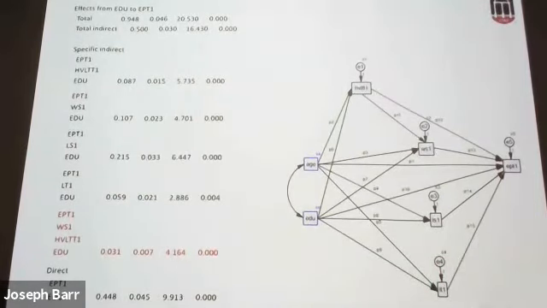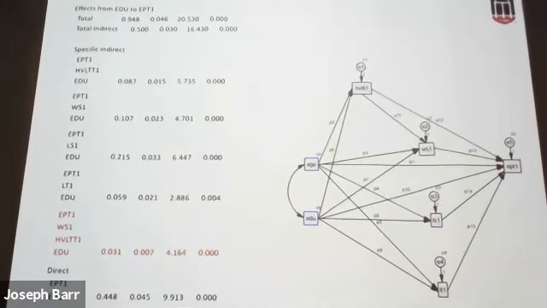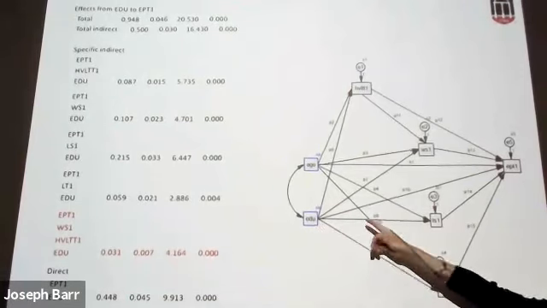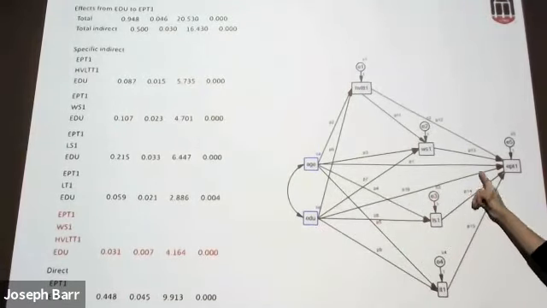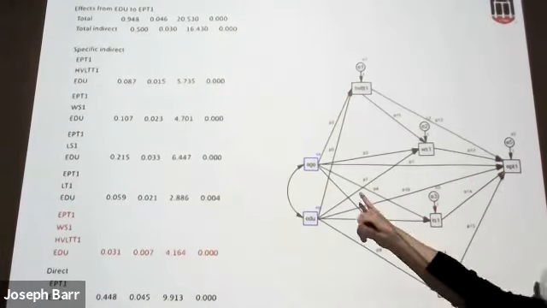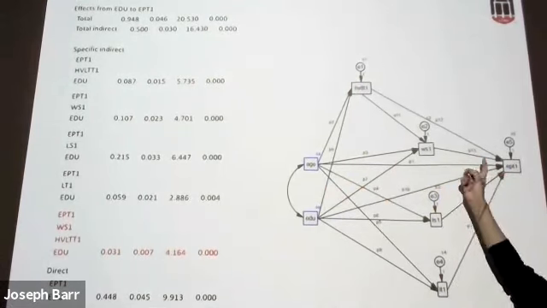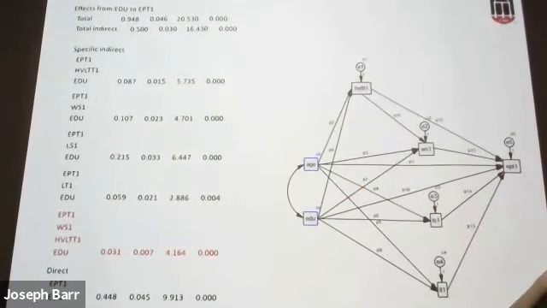It's partial or complete. It's partial because the direct effect is significant. So what does that mean? Educational level significantly changes the EPT scores, but age does not significantly change the EPT scores.